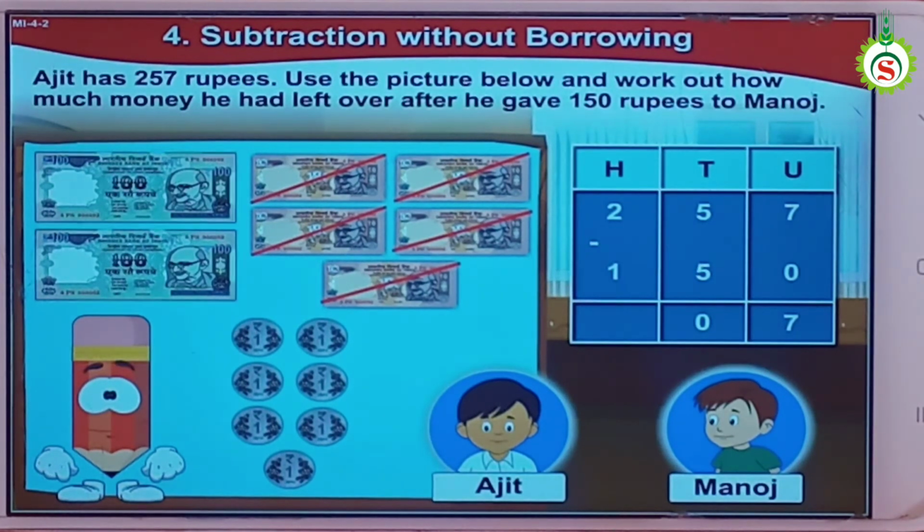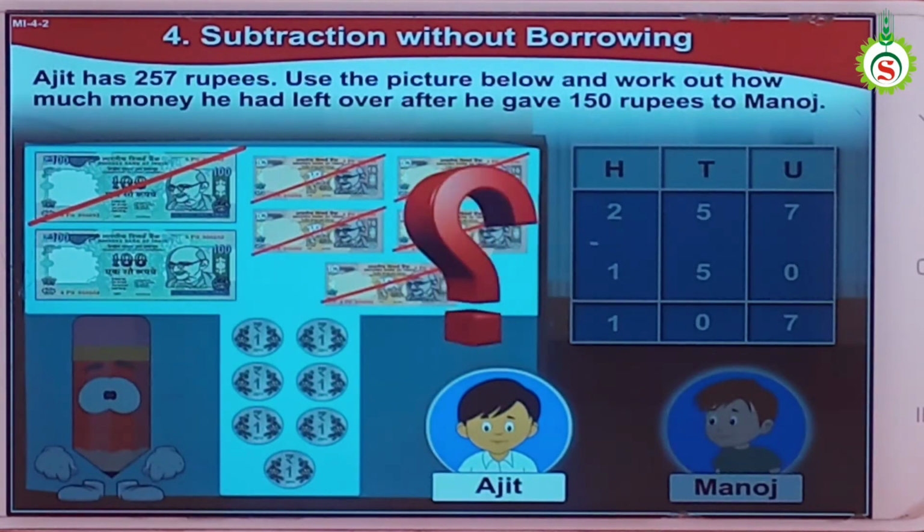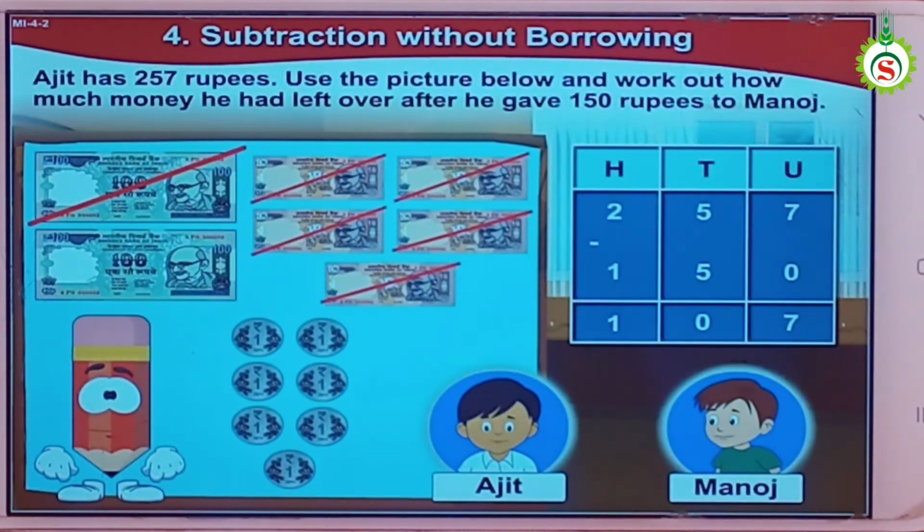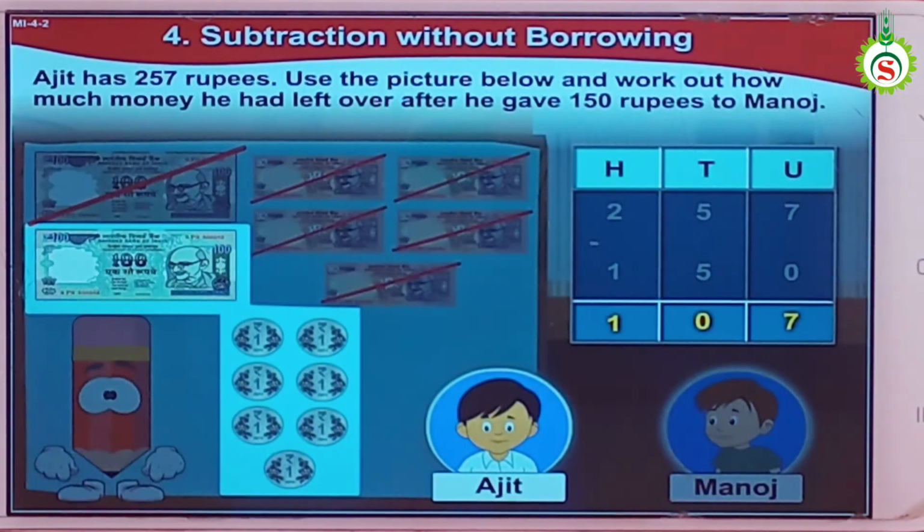Now let us see the hundreds. 200 minus 100 is 100, which means we are left with a 100 note as well. Now let us see how much money has been left over with Ajit. 100 remains, 0 tens and 7 units remain. That is 107 rupees. So Ajit is left over with 107 rupees.